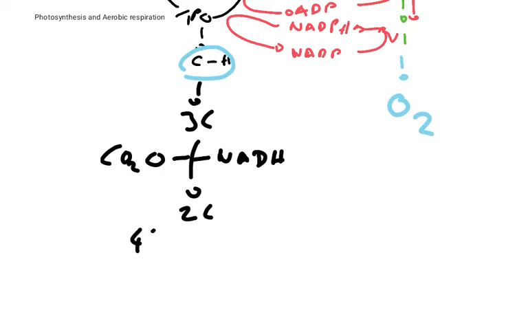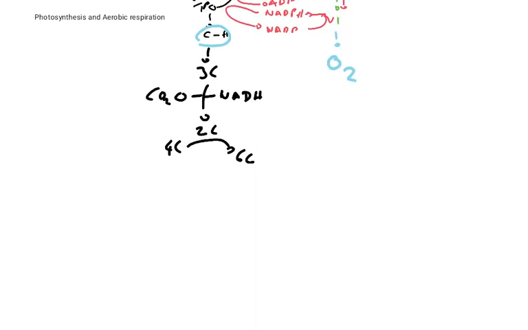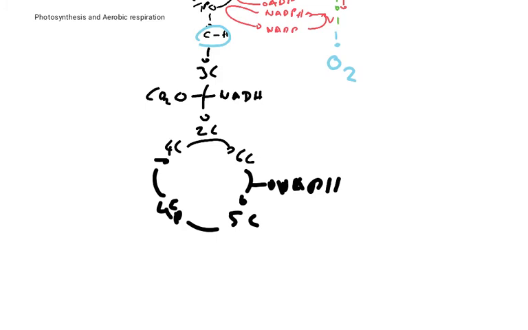That gives you a 2-carbon fragment which joins with a 4-carbon, and that gets broken down, 6-carbon to 5-carbon to 4-carbon and back to 4-carbon, and this is the Krebs cycle or TCA or citric acid cycle. Each time there's decarboxylation, there's removal of electrons which are used to reduce the NAD, and there's another one here.